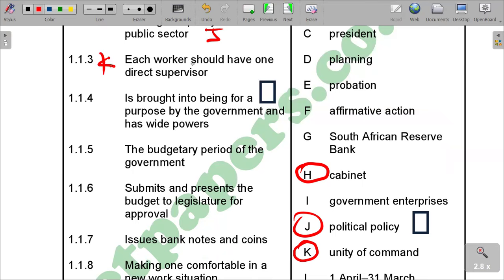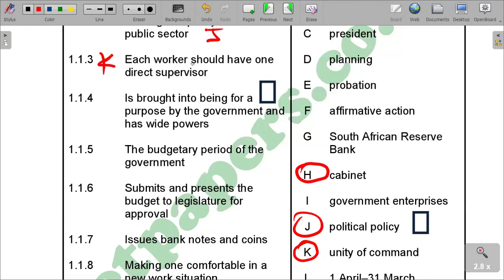What is it that is brought into being for a purpose by the government and has wide powers? We are saying it is established for a purpose by the government and has wide powers.